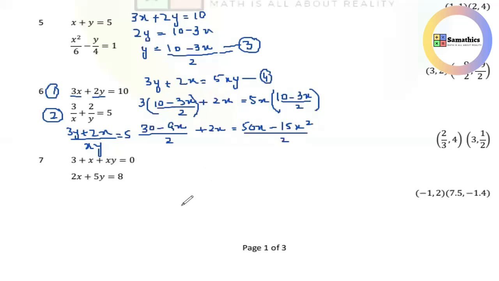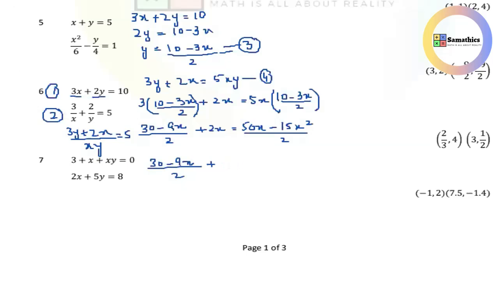Now we have to make denominators the same, right? So what we can do, we can multiply this by 2, both the numerators and denominators. So we will have here (30 minus 9x) upon 2 plus 2x, that is 4x upon 2, because we have to multiply both numerator and denominator.